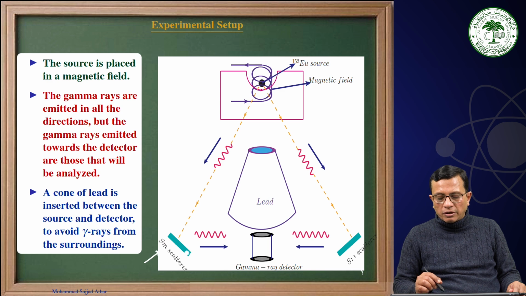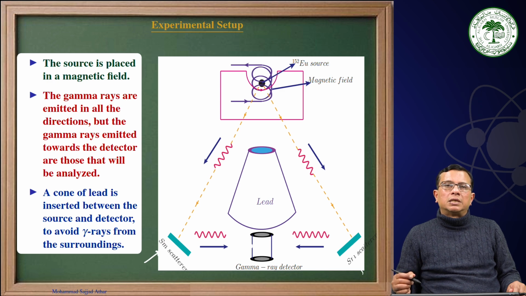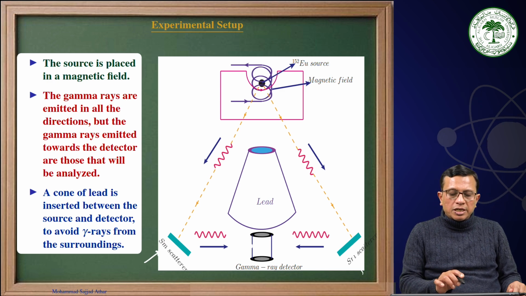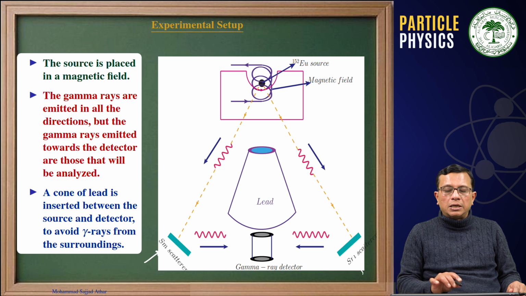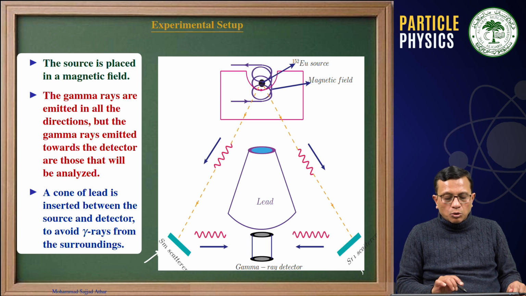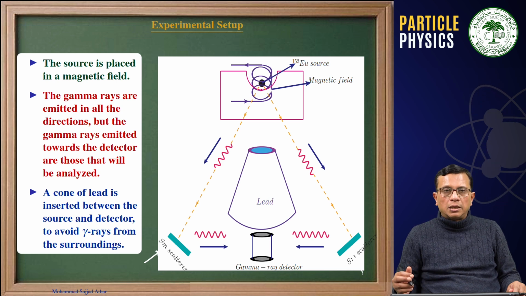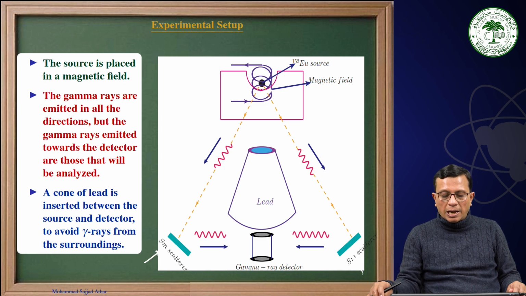These re-emitted photons pass through this sodium iodide detector to give us the count. Therefore, the source is placed in a magnetic field. The gamma rays are emitted in all directions, but the gamma rays emitted towards the detector are those that will be analyzed. A cone of lead is inserted between the source and the detector to avoid gamma rays from the surroundings. Those will get absorbed.